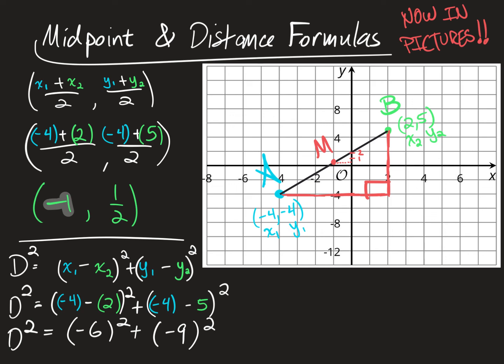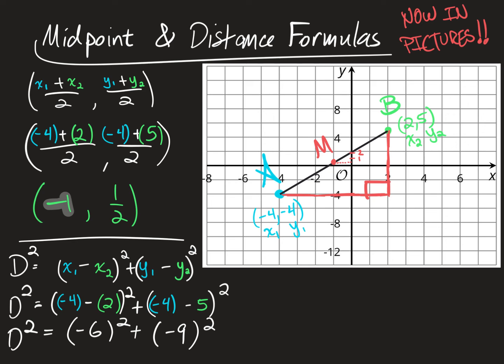However, if you notice that we are squaring this negative value, a negative value being squared will end up being positive. So it doesn't matter if you end up with the positive of this number or the negative of this number. When you square it, it'll end up being the same thing, right? What I mean to say is negative 6 squared is the same thing as positive 6 squared, and the same thing for the 9. So the squaring is what allows us to have a, quote, negative distance.